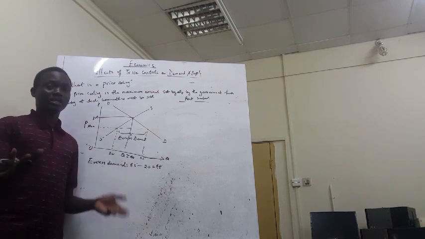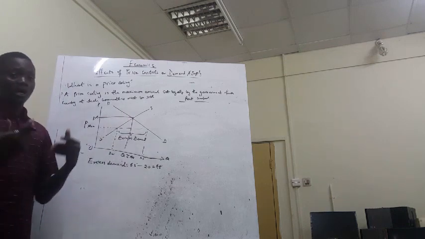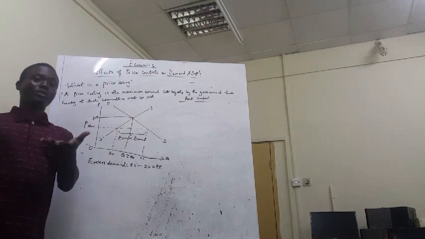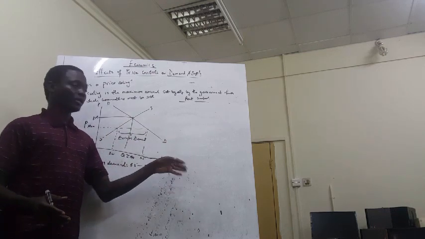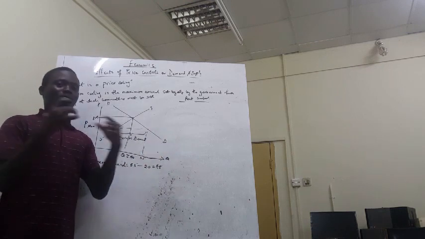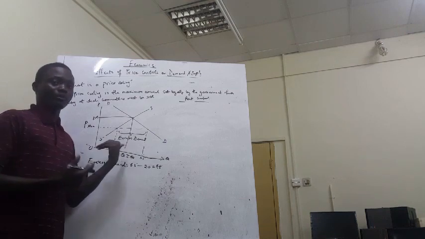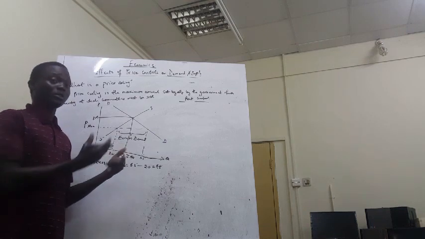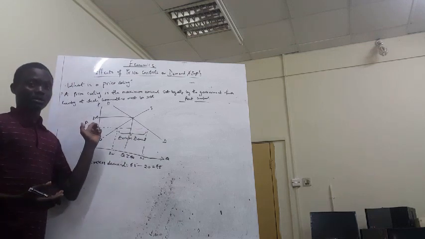And the government needs to protect them from their landlords. What the government tries to do is to set a rent that is lower than the equilibrium rent from the market forces. Do you understand what I'm saying?